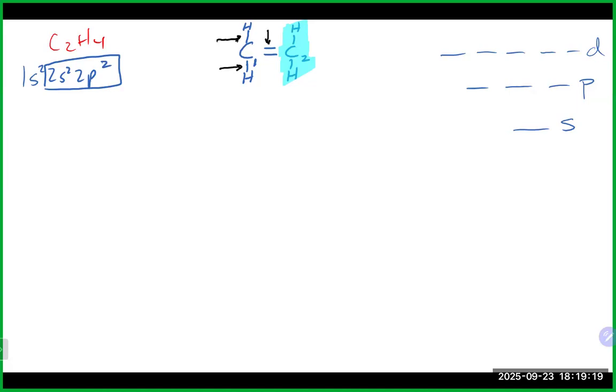Everybody's counting as one. So we essentially have 3 electron pairs here. So again, we start here at the bottom, 1, 2, 3. In this case, that's an S and 2 P's, which means this carbon is an sp2 hybrid orbital. Any questions on that one there?